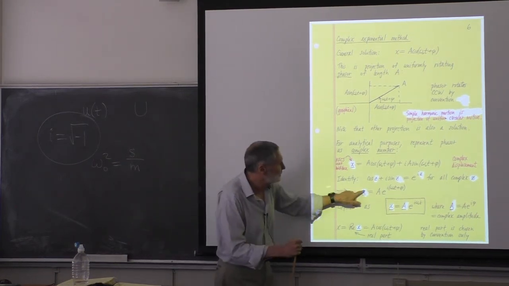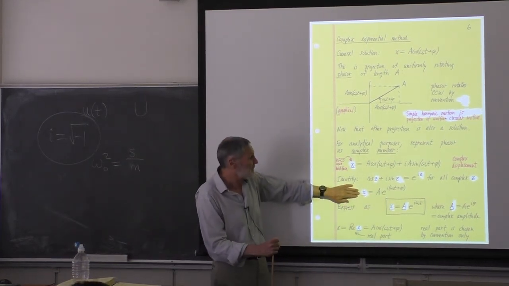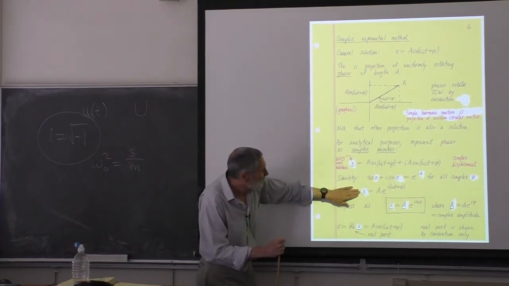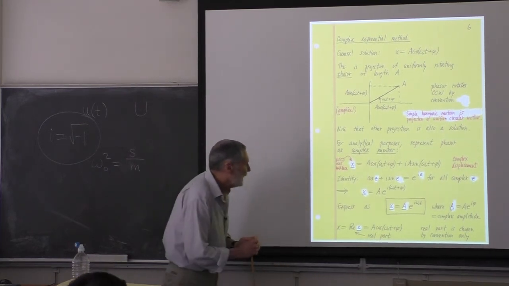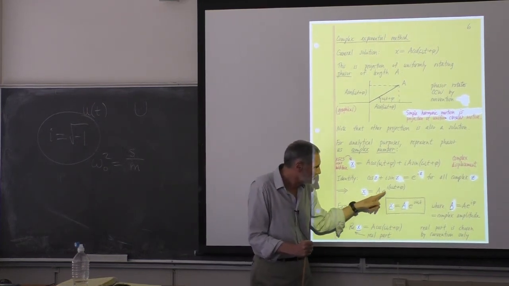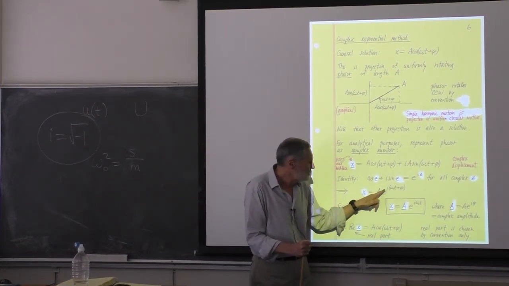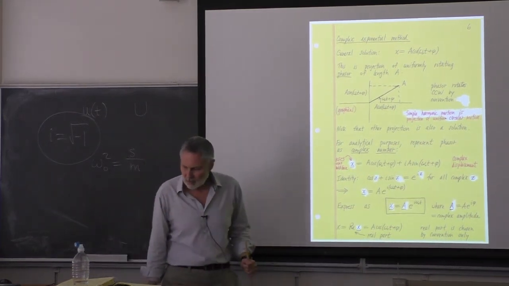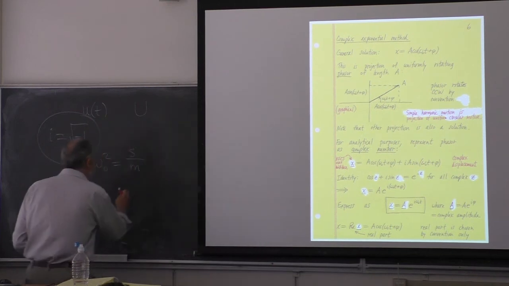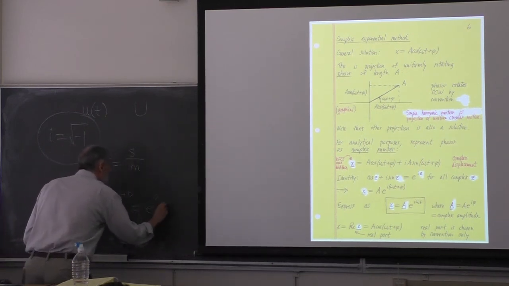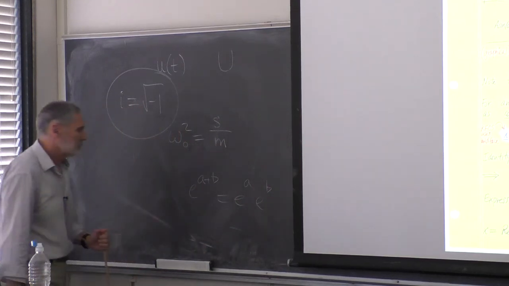So anyway, here's our solution. Technically, this is the complex displacement, right? Because it's doing this, not this. And we can make it even simpler because e to the (a plus b) is equal to, here it is. Right?